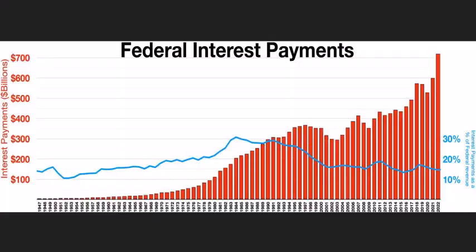Again, in econ, we'll talk about interest being sort of the juice fuel for a capitalistic economy. Federal interest payments have gone up quite a bit over recent years. Why? Because we consistently spend more than we take in. And as a result, the interest we pay on that is going up and up every year and is becoming a much bigger line item every year.